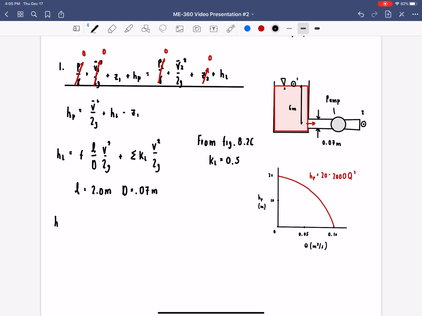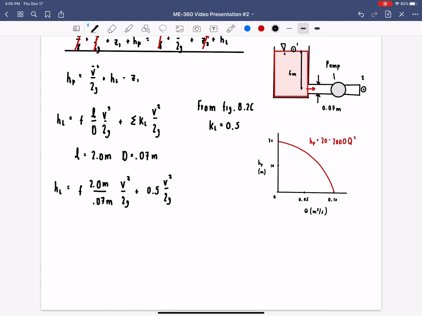So we end up with the head loss equal to f times 2.0, which is the length, divided by 0.07, times v squared over 2g, plus 0.5 times v squared over 2g.